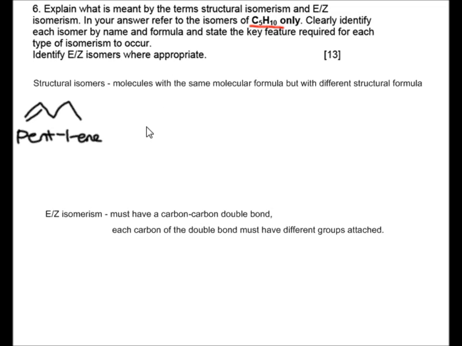Another isomer would be pent-2-ene, so with the double bond attached to the second carbon instead of the first. So again, we would get 1 mark for drawing the molecule. And the second mark would be for naming it.